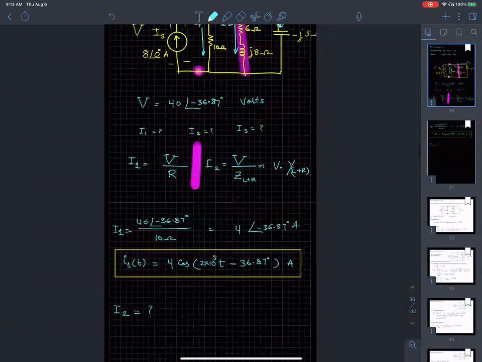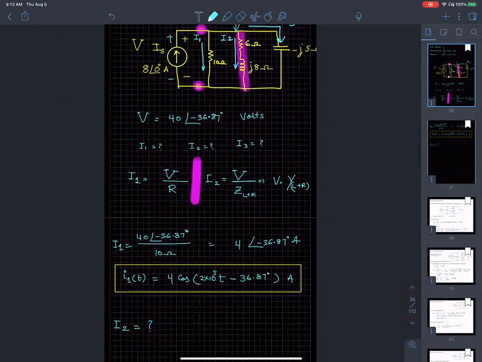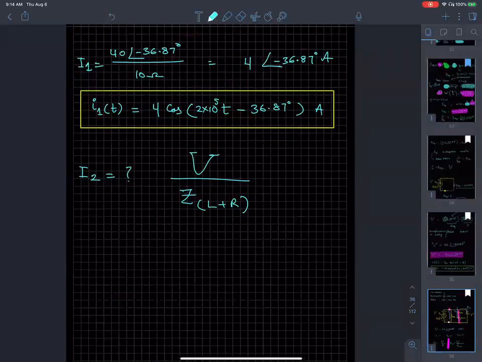The current flowing in this parallel branch is V over the impedance of this guy, L plus R. I'm going to leave this voltage in its polar form, 40 angle negative 36.87 degrees.